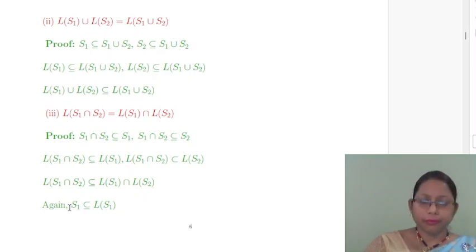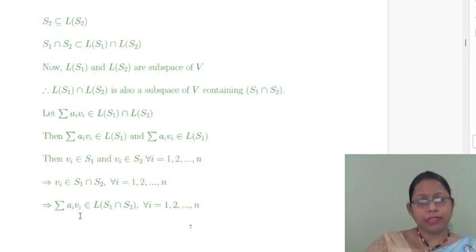Again, S1 is contained in the linear span of S1. That is from the theorem: the linear span is the smallest subspace containing the set itself. So S1 is contained in L of S1. Similarly, S2 is contained in the linear span of S2.